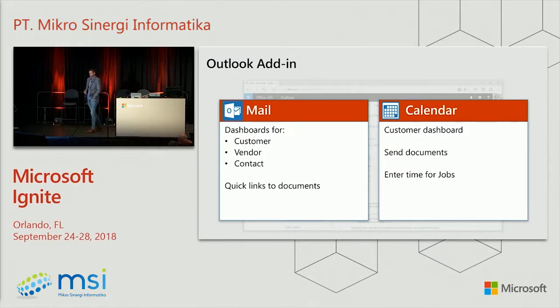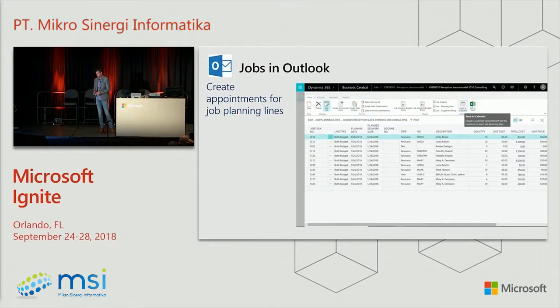In the calendar, you can look up customers, send documents, and enter time for jobs. There are job functions in Business Central, and you can enter time for those jobs in your calendar. I'll show it in a little bit right now.